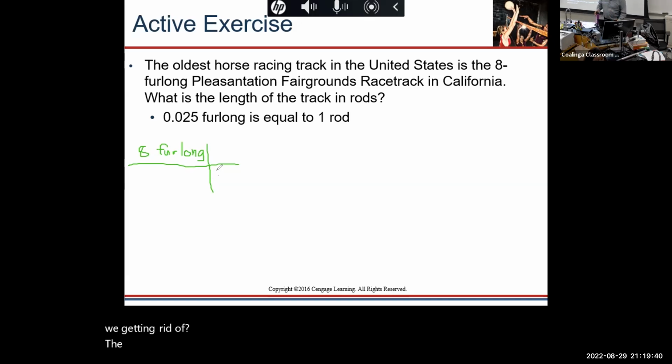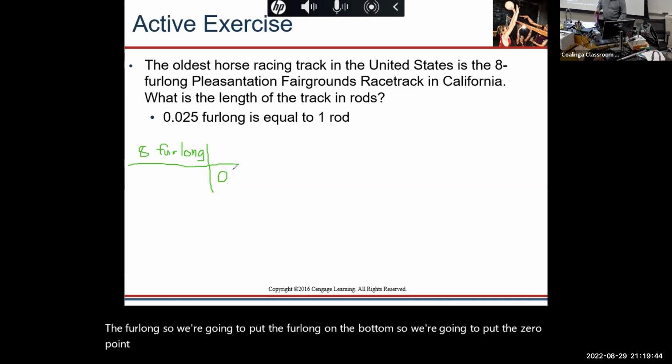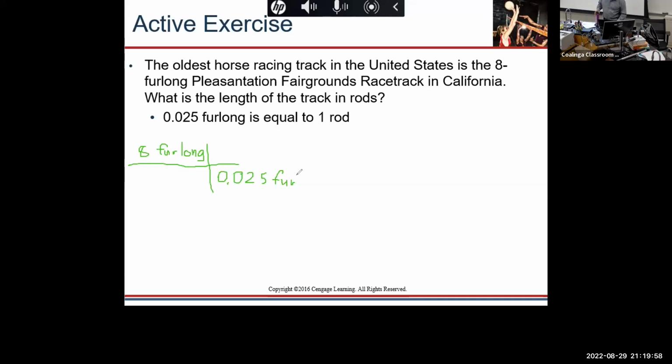So we're going to put the furlong on the bottom, so we're going to put the 0.025 on the bottom. And what is it that we want? Rods. So we're going to put rods on top.